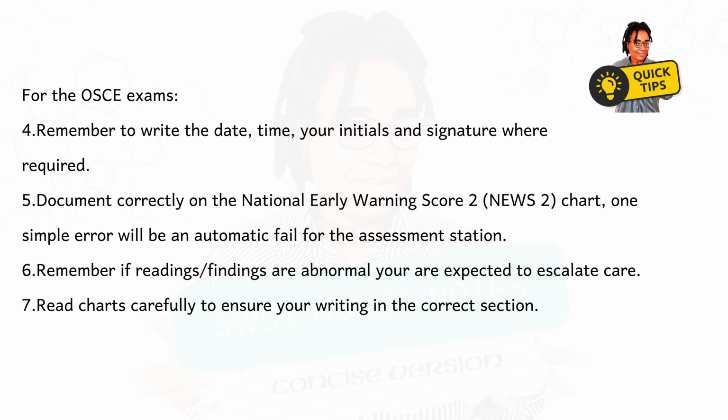Remember to write the date, time, your initials, and signature where required. Document correctly on the National Early Warning Score 2 chart, as one simple error will be an automatic fail for the assessment station. Remember, if readings or findings are abnormal, you are expected to escalate care. Read charts carefully to ensure you're writing in the correct section.